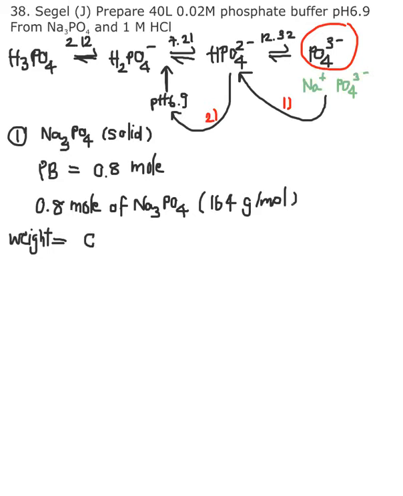So it will be 0.8 moles times the molecular weight, 164 grams per mole, and this will give you 131.2 grams. So first, you need to weigh 131.2 grams of sodium phosphate and put it into the beaker.